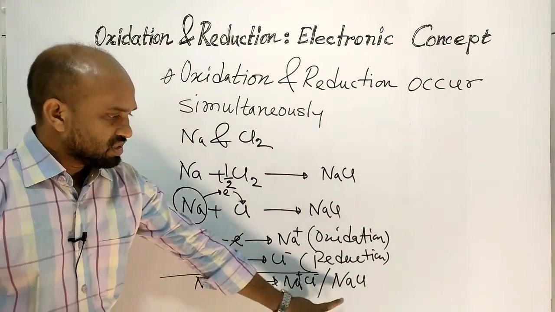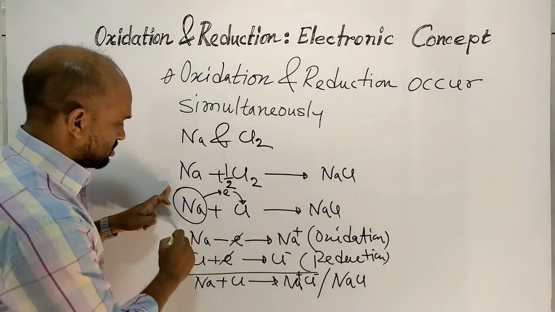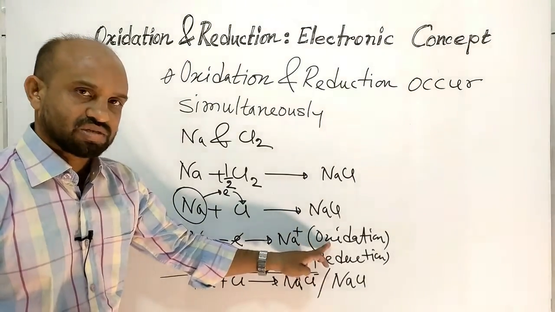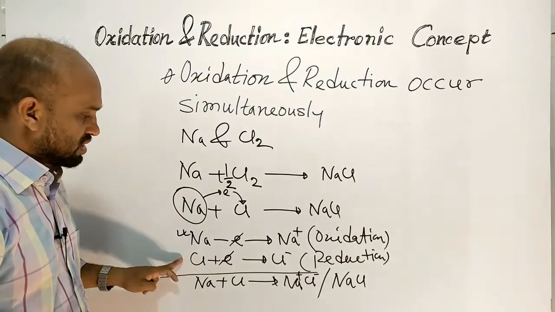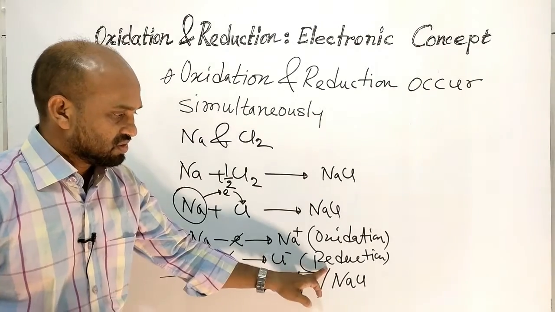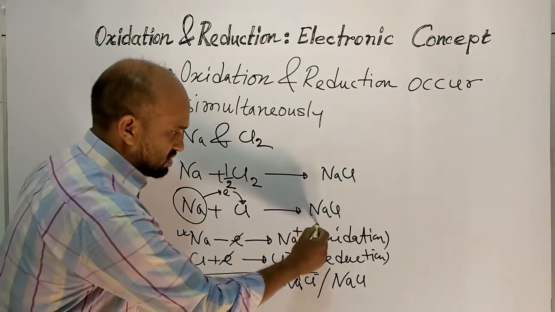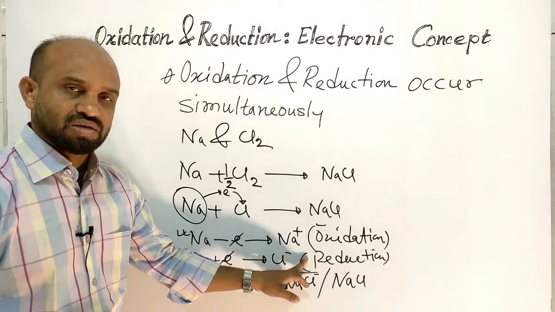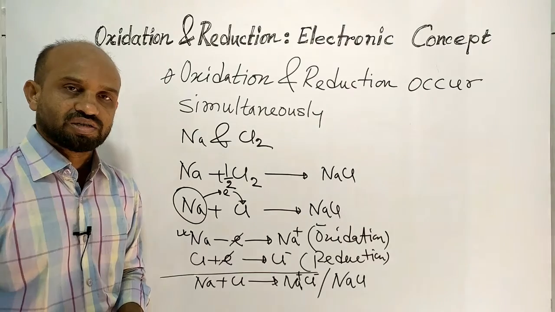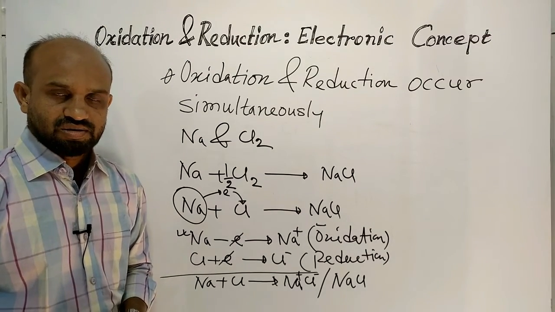So in the formation of sodium chloride, sodium donates electron, which is known as oxidation, and chlorine accepts that electron, which is known as reduction. So oxidation and reduction happen, that means they occur simultaneously in this reaction.